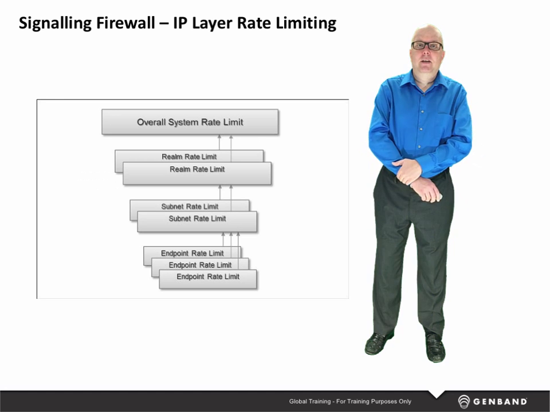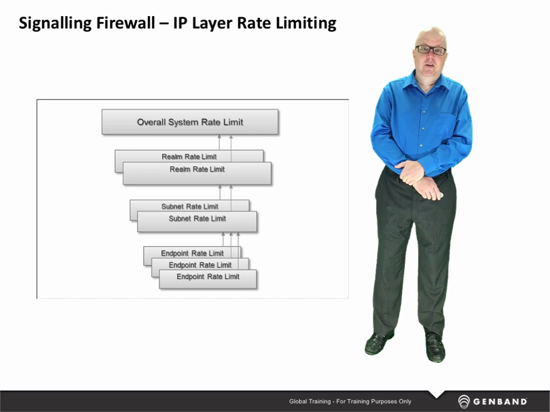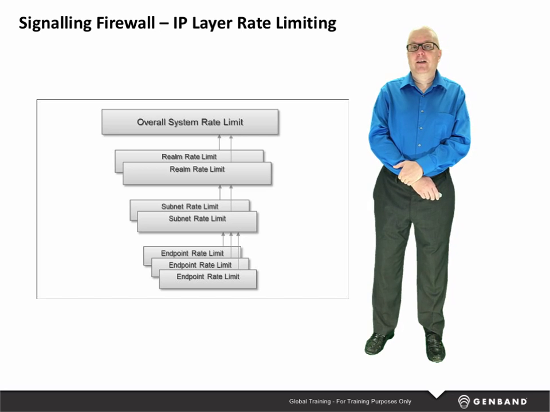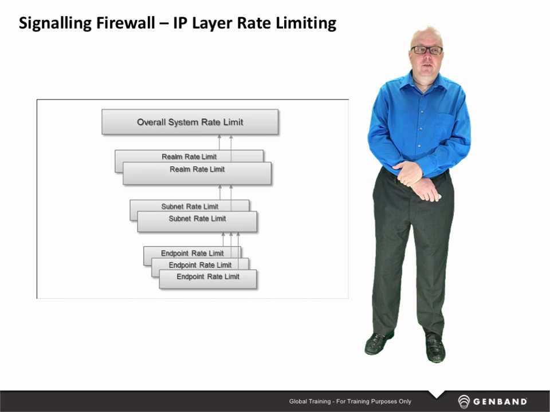Now, there are rate limits that can be established in multiple places. We could just set everything at the system level and be done, and that would be fine. We could configure individual endpoints so that maybe customer A was allowed 20 calls and customer B was allowed 30 calls, and then those rate limits could inherit up.